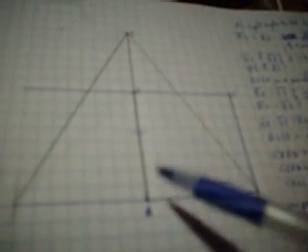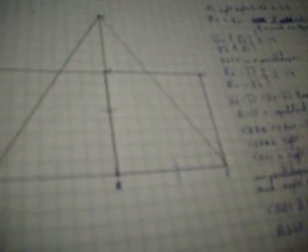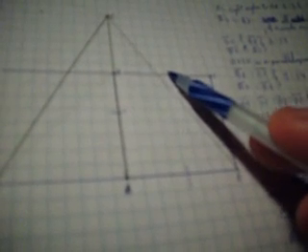Now, DE is parallel to AB, and BE, right here, is parallel to AD because of Euclid Book 1, proposition number 31. Well, then that makes ADEB a parallelogram.